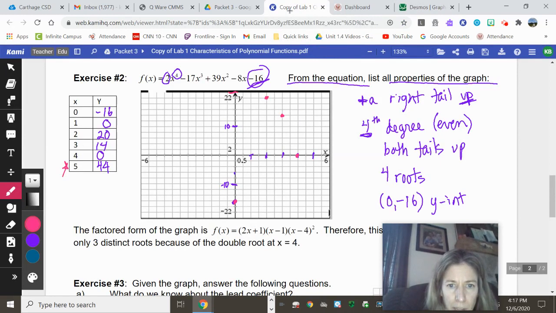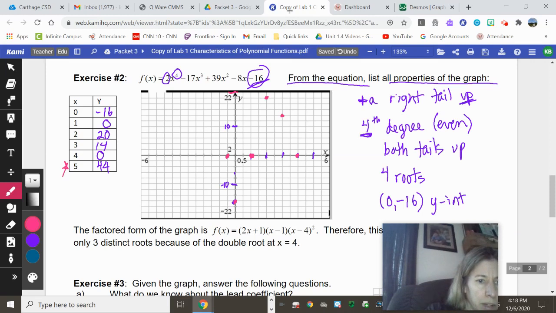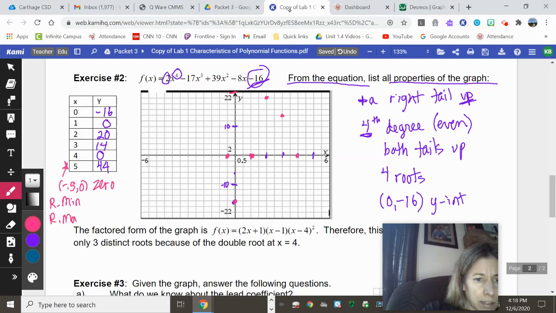Somehow I missed 1 0 when I'm plotting my points. So 1 0 and then -1/2 0. All right, so I have a critical point of -0.5, 0. That is another 0. And I also have a relative min and a relative max that I need to add.